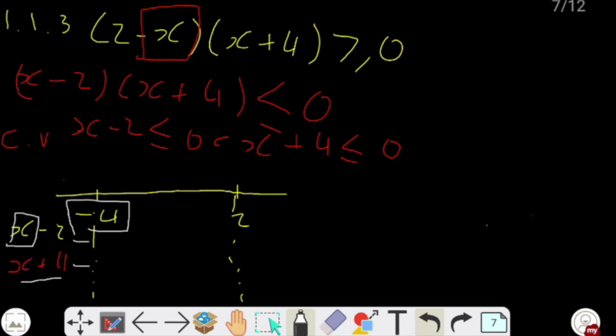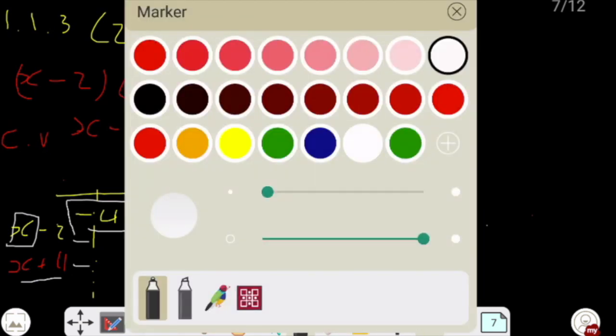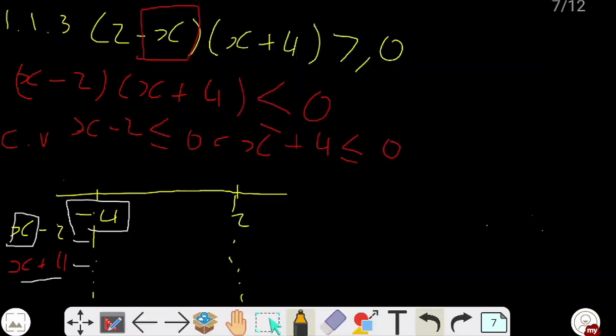Let's move on to any number which is greater than negative 4. We can say negative 3, right? Negative 3, which sign do we get? Let me change my marker. Negative 3 minus 2, we get a negative sign. Negative 3 plus 4, we get a positive sign, right?